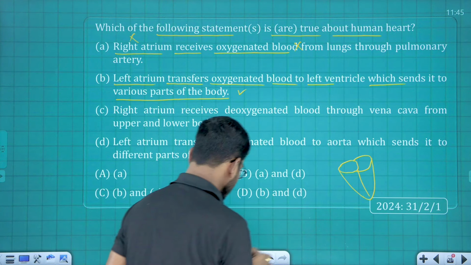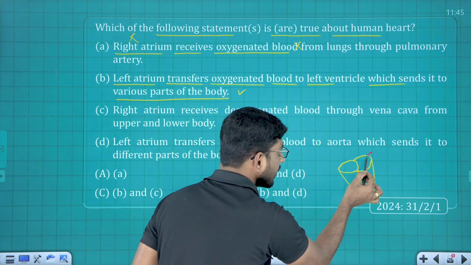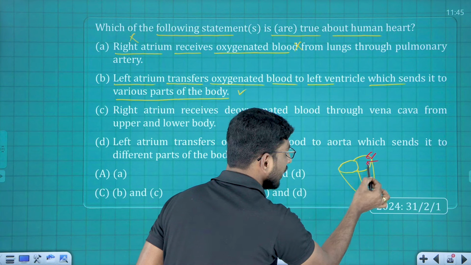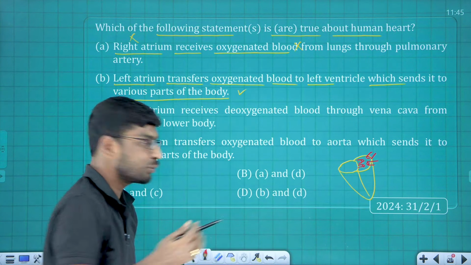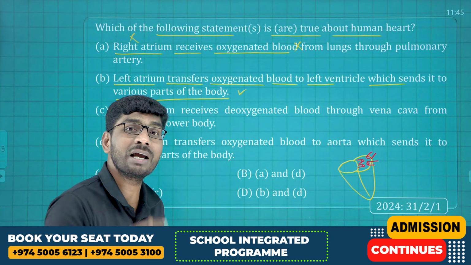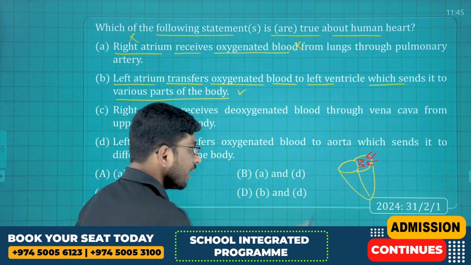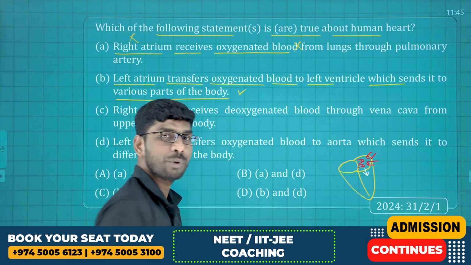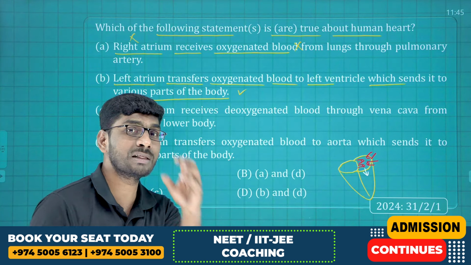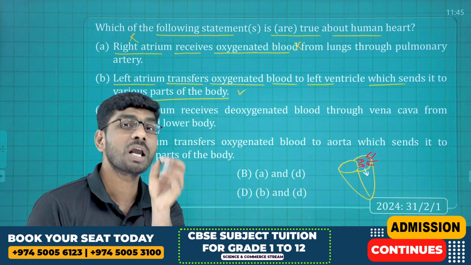Now this left one receives oxygenated blood from where? Pulmonary veins. Two pairs of pulmonary veins open into the left auricle. From the left auricle, the blood is transferred to where? Left ventricle.